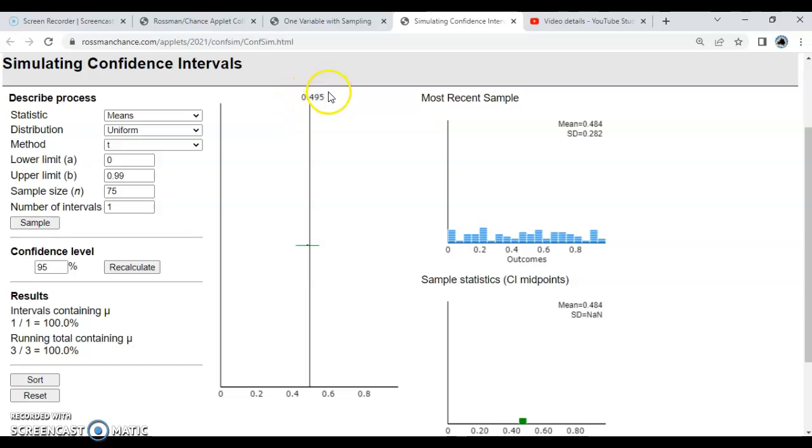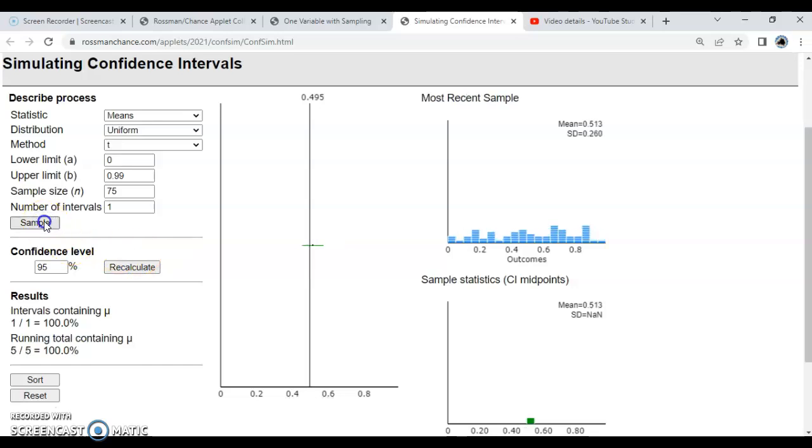Now note, this population value will most likely be unknown for many populations because populations are just too large to get a census on. But that's why we're using the confidence interval, to estimate this value. So this confidence interval's endpoints would be 0.419 to 0.549. So we would be 95% confident that the true population average amount of change would be between those two numbers.